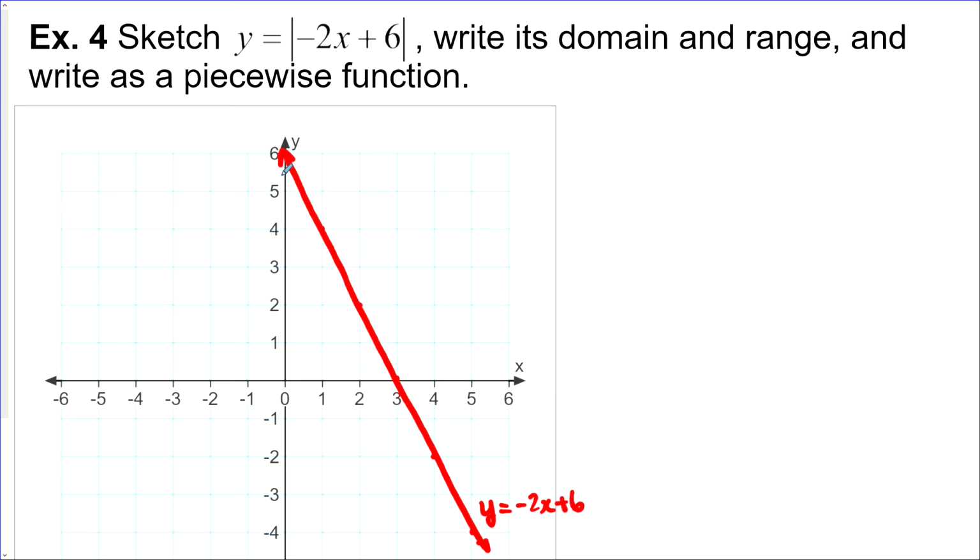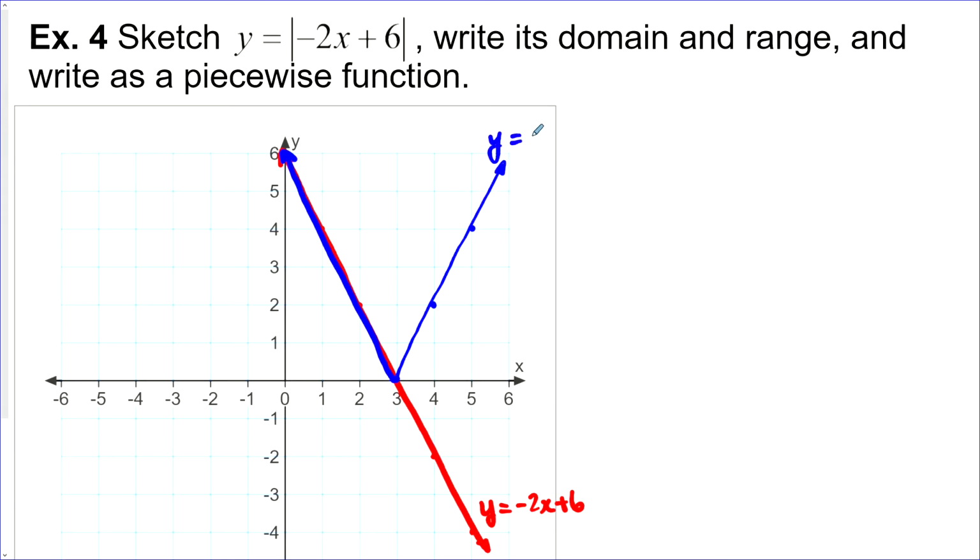Now I can see that this part right here up until the x-intercept was already positive, and so I can just trace that. Nothing's going to change when I take the absolute value of that. It's this part here that's going to change, so 4 negative 2 becomes 4 positive 2, and 5 negative 4 becomes 5 positive 4. So this is the absolute value graph here.